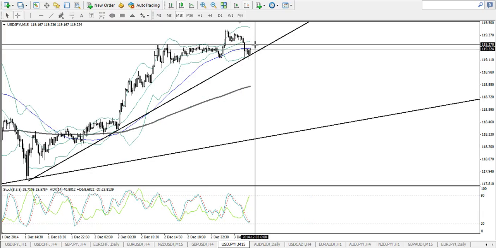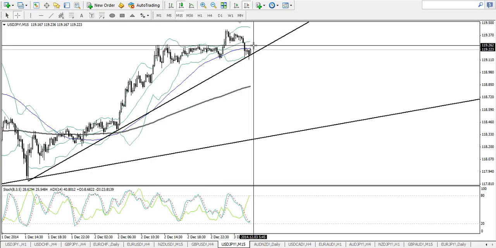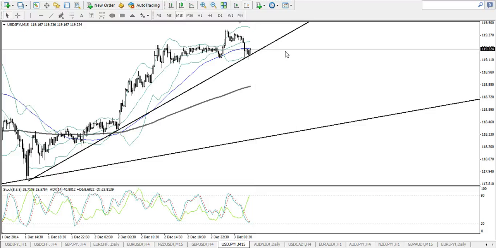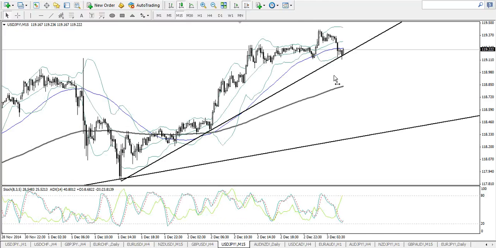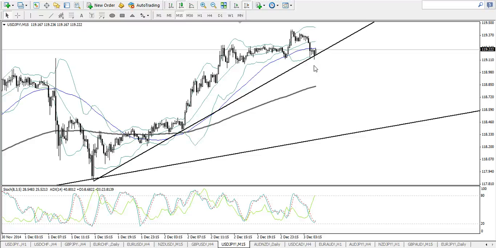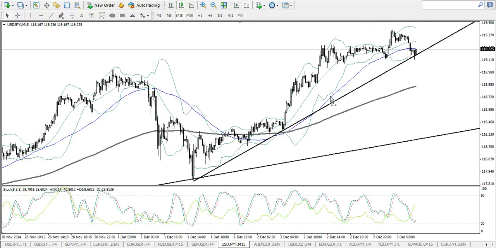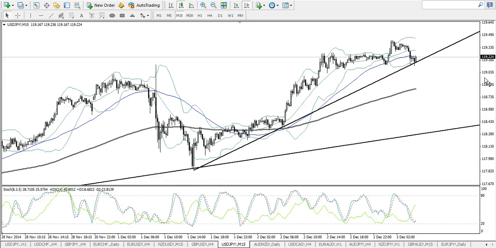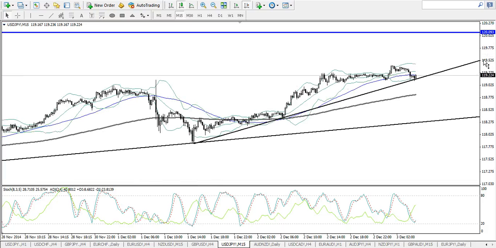So if price were to be able to close at 119.26, that could be an intraday long for yourself. Right, so make the decision yourself. This could be an intraday trade to go for a long. So that is for the dollar against the yen. If not, we're gonna wait for price to touch all the way at 120.